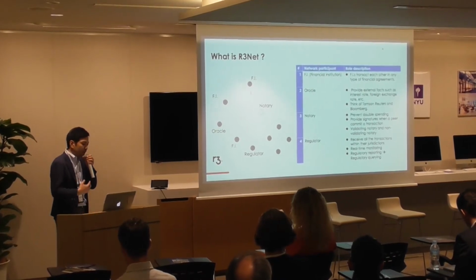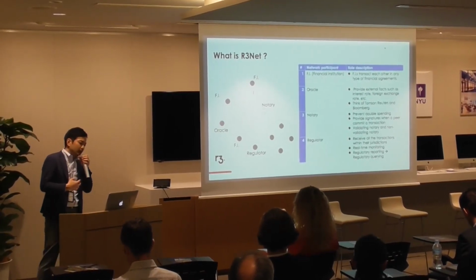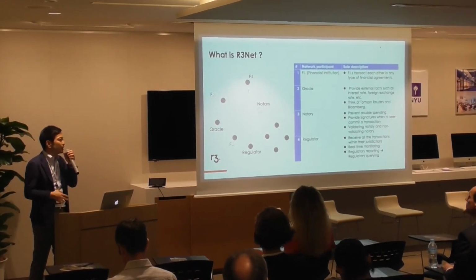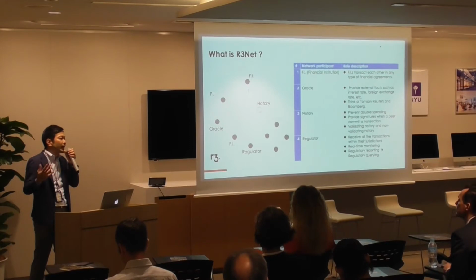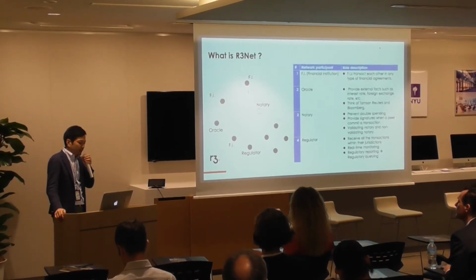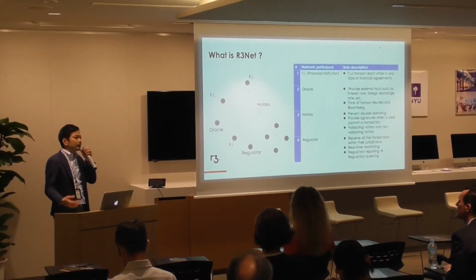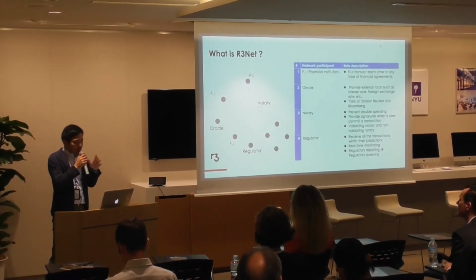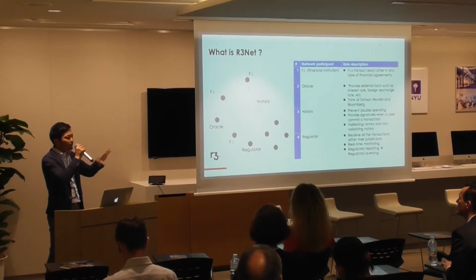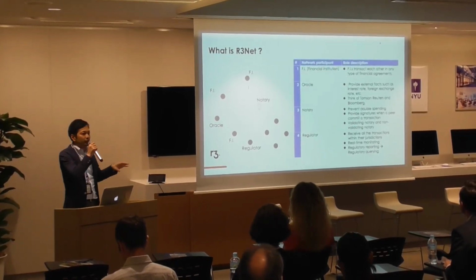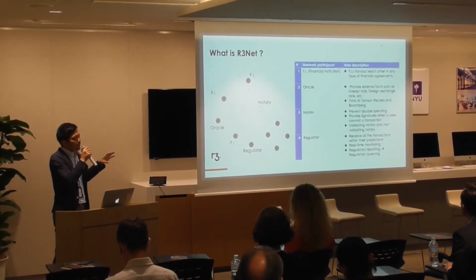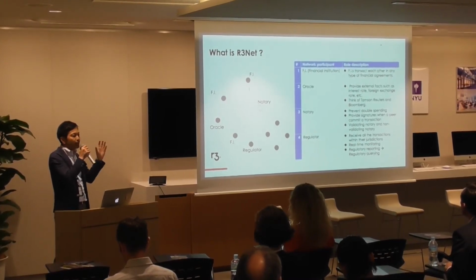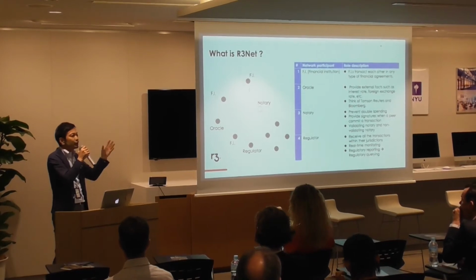So in R3net, we are able to transact any type of transactions, like fund transfer, OTC derivatives, trade finance. Corda is just a middleware package software, and on top of Corda, we can build a bunch of applications.